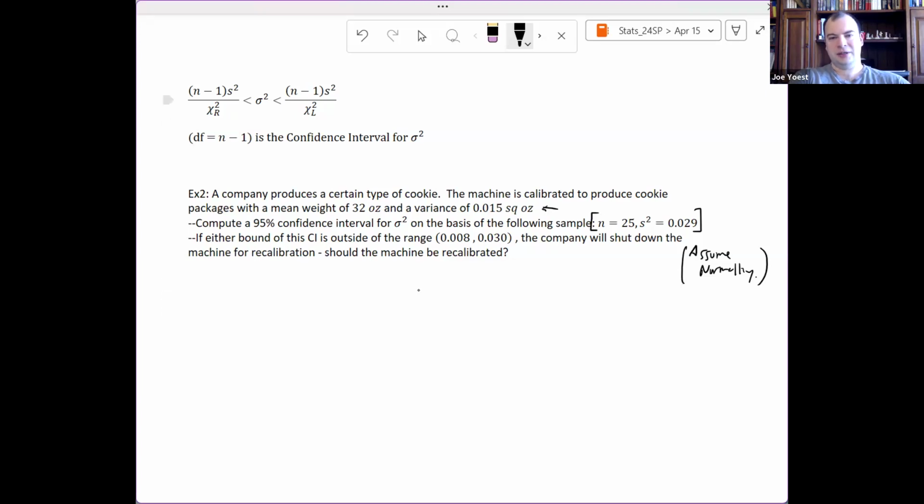And I see my confidence interval looks like n minus 1 s squared over a chi-squared number. So let me start by finding my two chi-squared numbers. Remember, chi-squared starts at 0 and has this right-skewed shape. That's my chi-squared distribution.